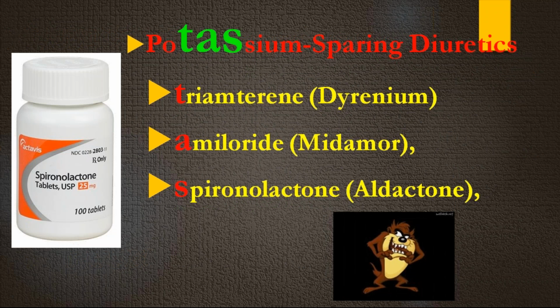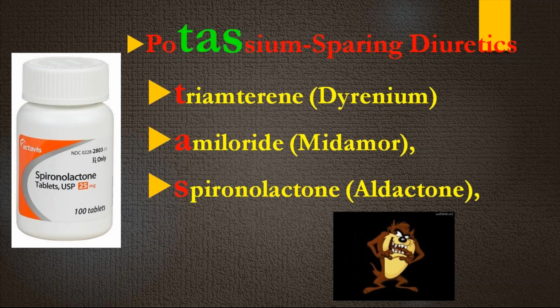Let's talk about the potassium sparing diuretics. You must know the names: triamterene, amiloride, and spironolactone. So remember, we have TAS. That is how you remember that. The main thing to remember is that the potassium sparing diuretics retain potassium, but at the same time lose sodium.